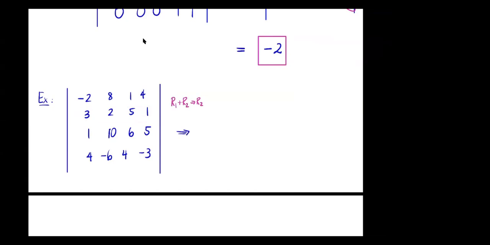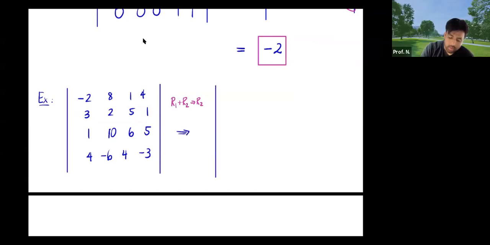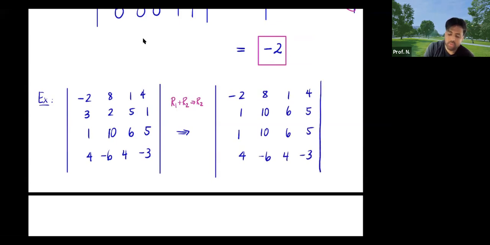So you get -2, 8, 1, 4. When you add it, you get 1, 10, 6, 5. And the next row is 1, 10, 6, 5 as well. 4, -6, 4, -3.